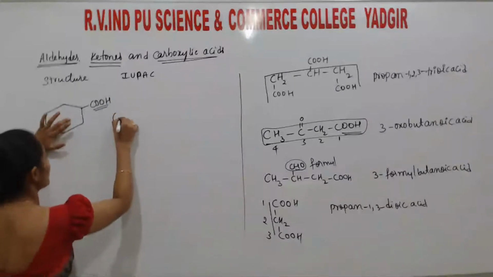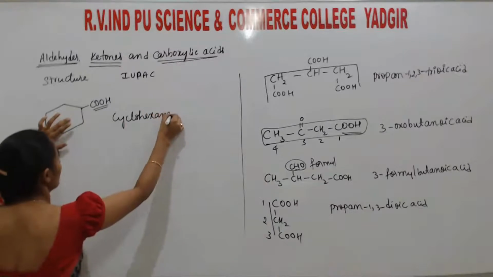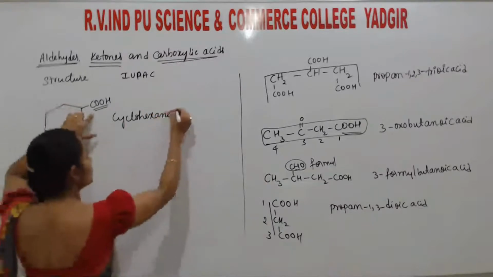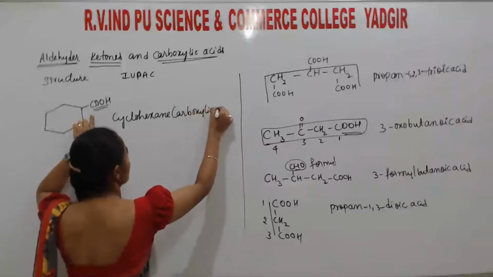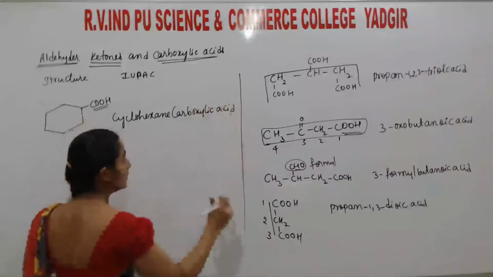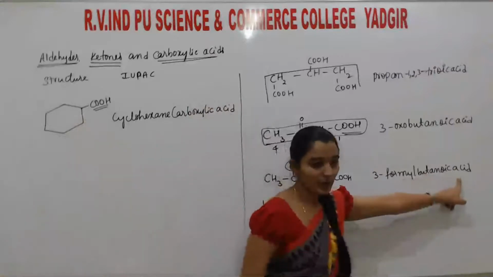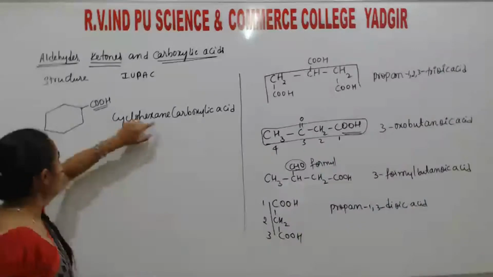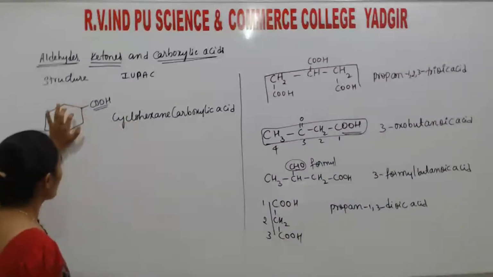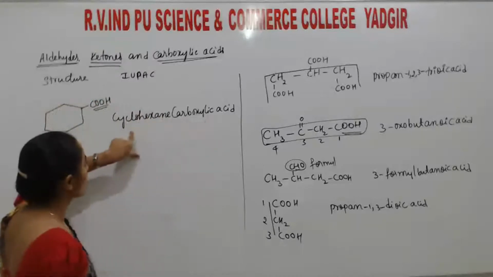Then what is the name of the parent chain? That is cyclohexane. Then after this, we need to write carboxylic acid separately. Understand, students? If it is an aliphatic compound, the last e is replaced by oic acid. If it is a cyclic compound, the complete parent chain name, cyclohexane, is followed by carboxylic acid.